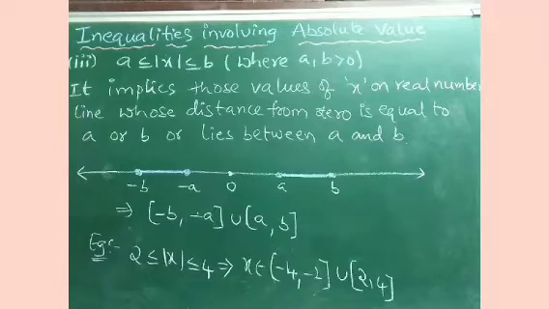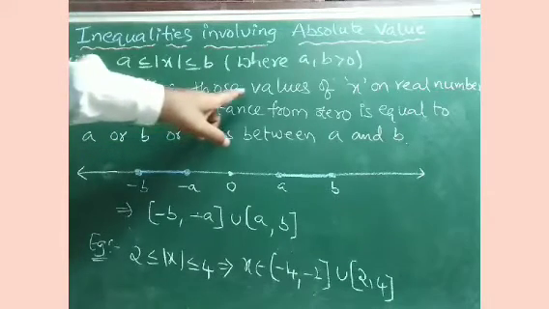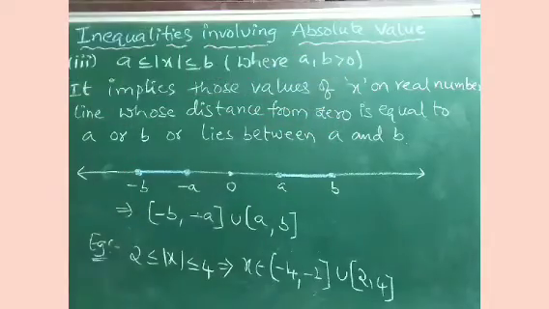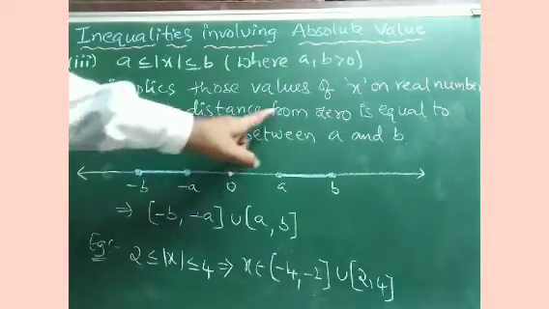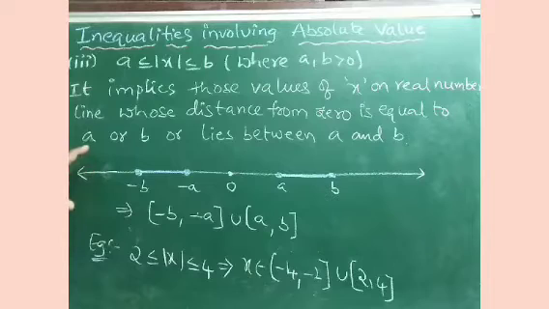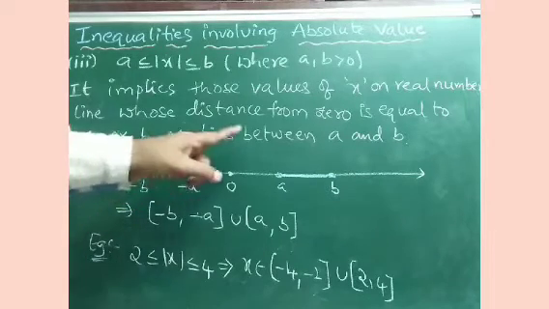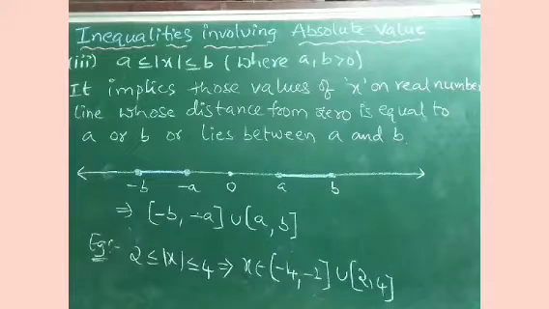So the meaning of this inequality is nothing but all the values of x on the real number line whose distance from 0 is equal to a or b or lies between a and b.